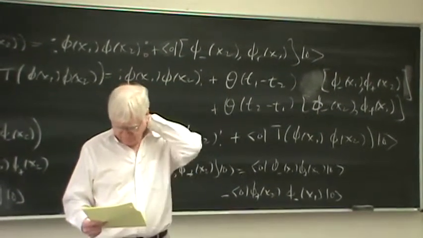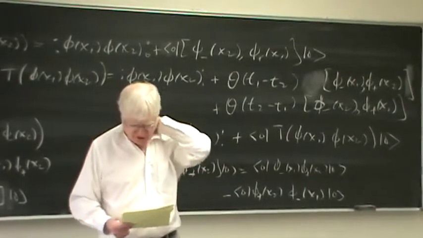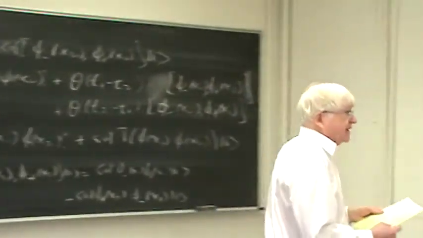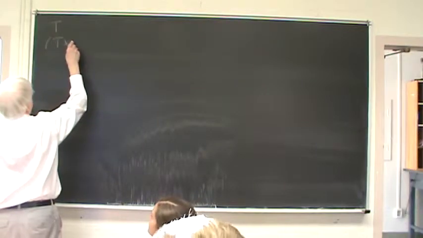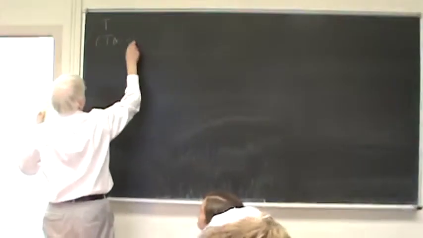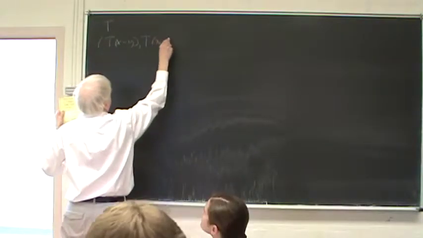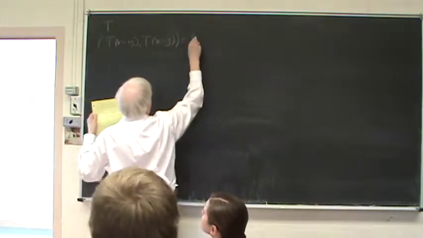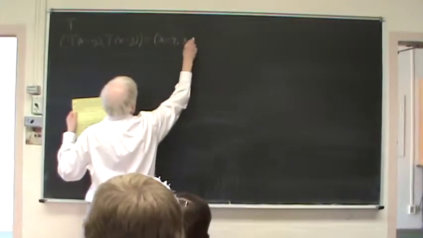And so an isometry group is something such that if you have a transformation T, then T of x minus y, T of x minus y is the same thing as x minus y, x minus y.